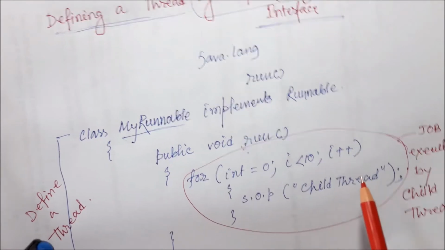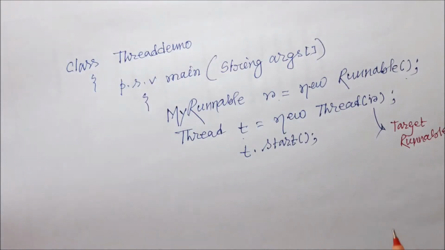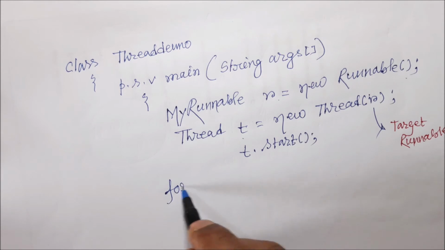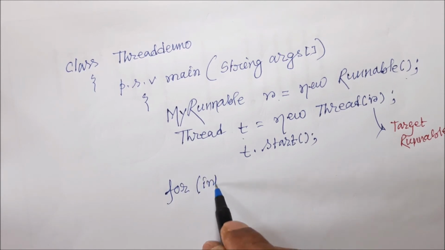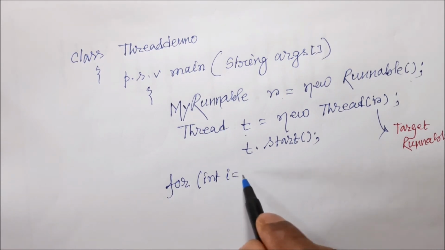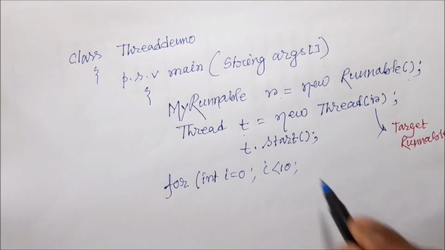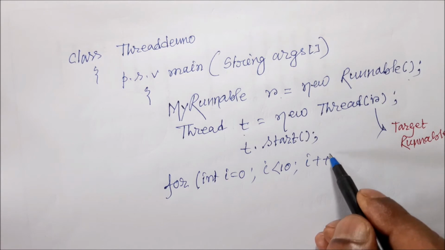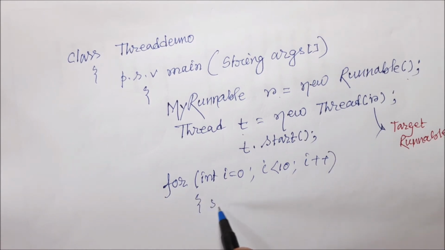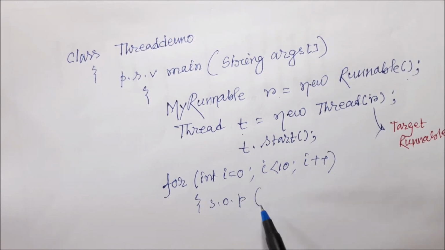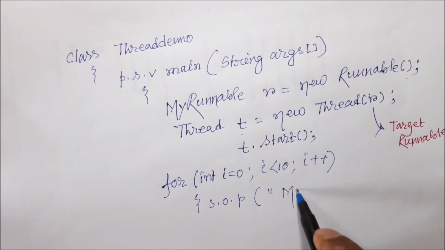Okay. Then after that, if I write something compared to the previous example, we can write for int i equal to 0, i less than 10, i plus plus, and for example System.out.println, that is main thread.